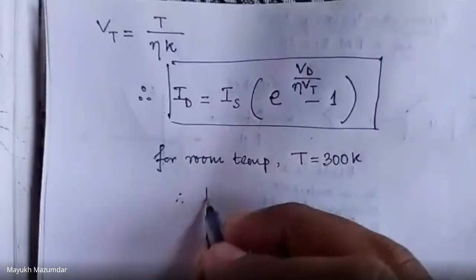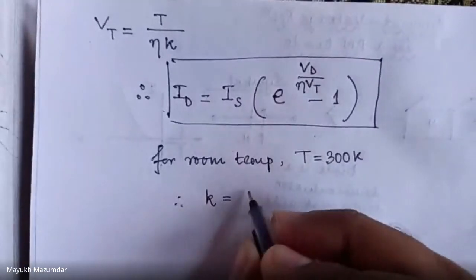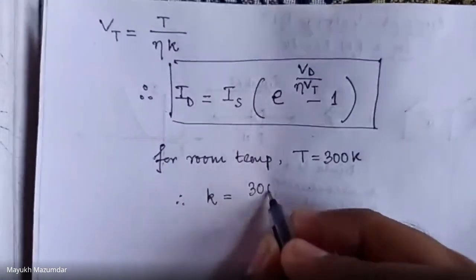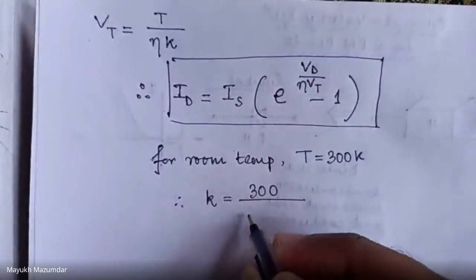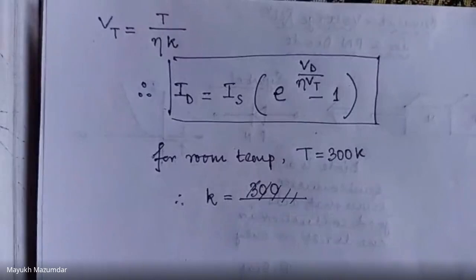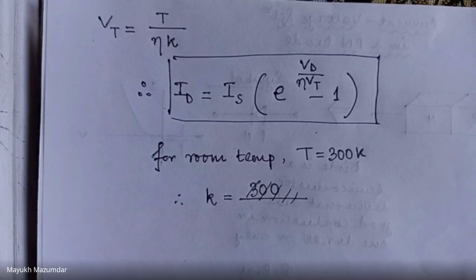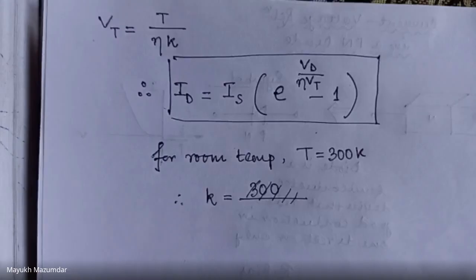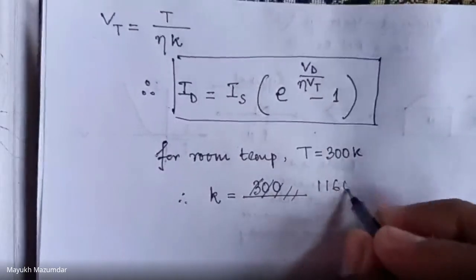So if I try to find the value of K, what was the value of K? 11600 by eta.